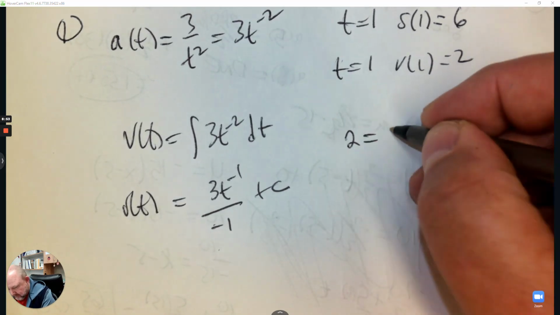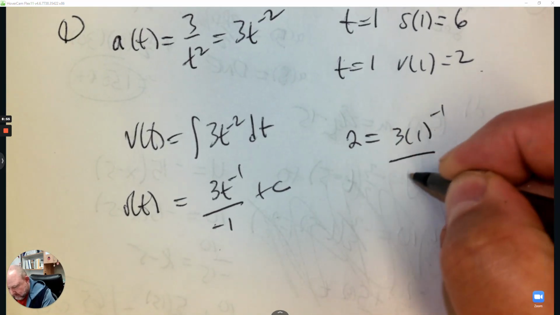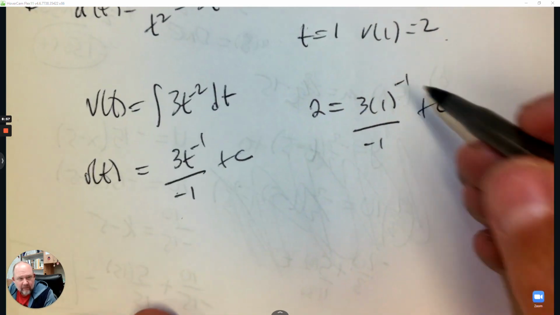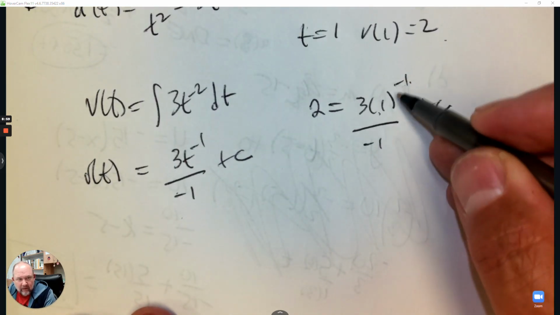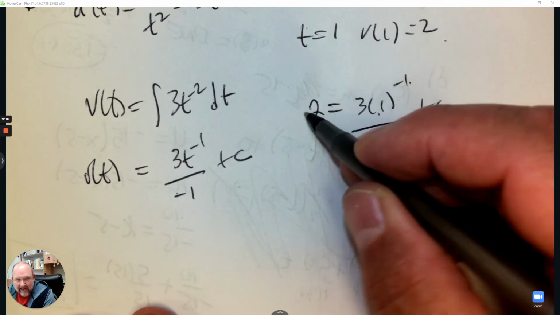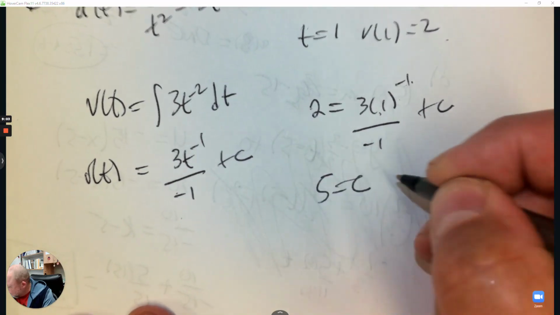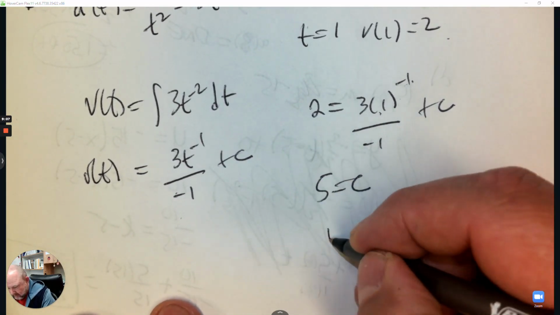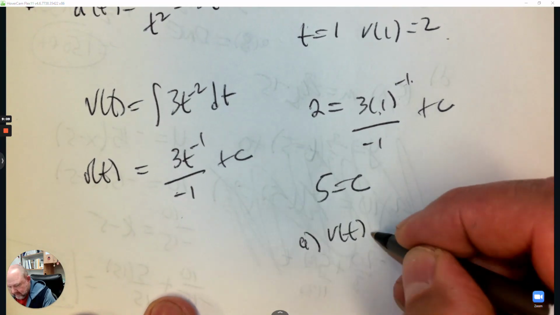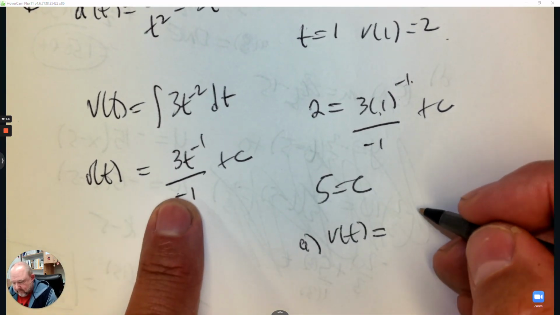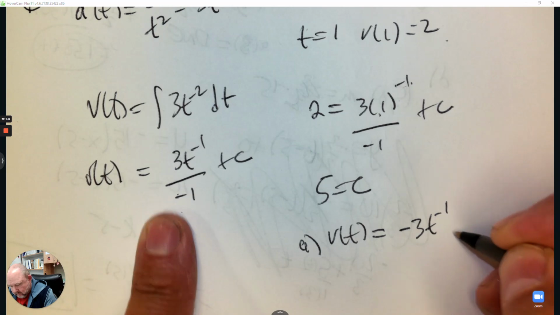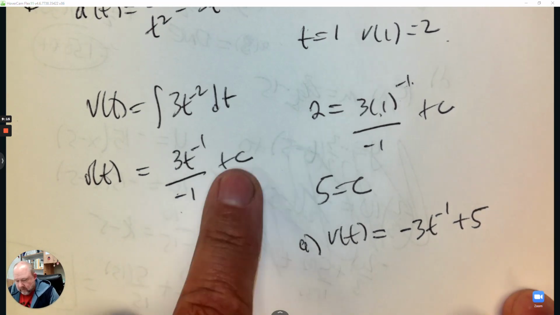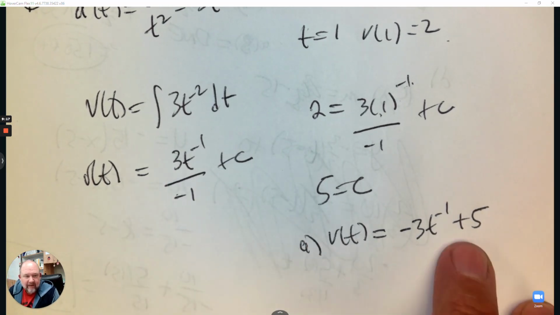So we make it equal to 2, plug in 1, and then solve it. Remember, 1 to any exponent is 1, so this is just negative 3. So add 3, and c is equal to 5. Put it all together, and the velocity is, for c equaling 5, so just write that down.